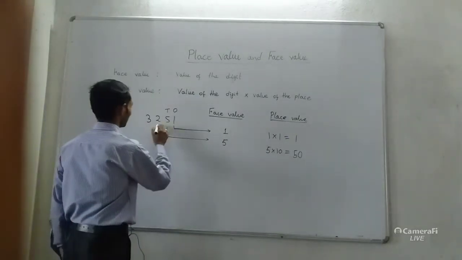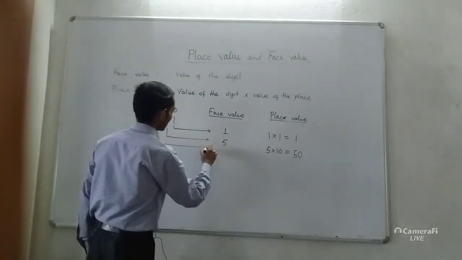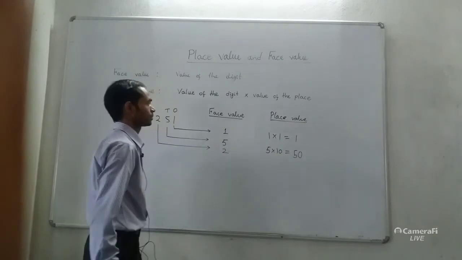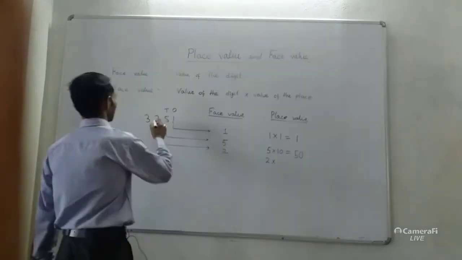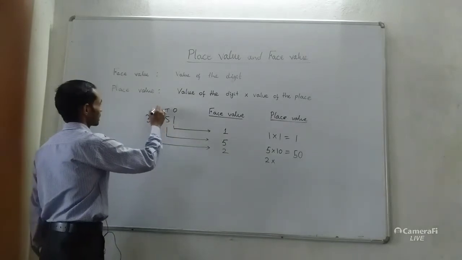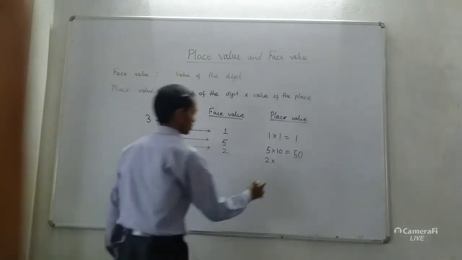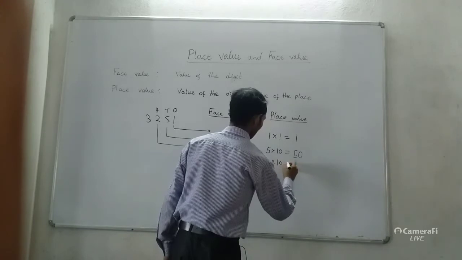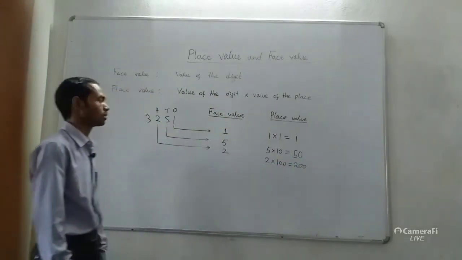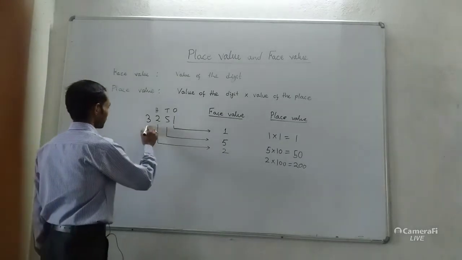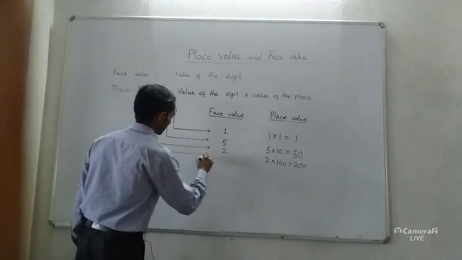Next, 2. Face value of 2 is 2 and place value is 2 into the value of the place. The place of 2 is at 100. So we will multiply it by 100. So 200 is the place value of 2. And the 3.